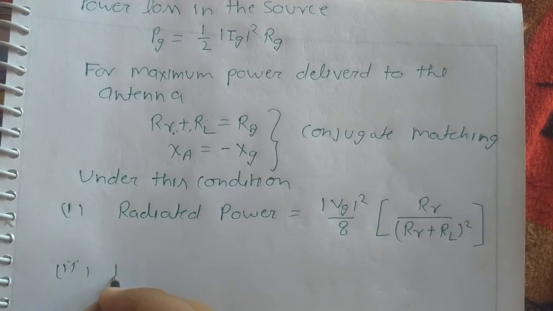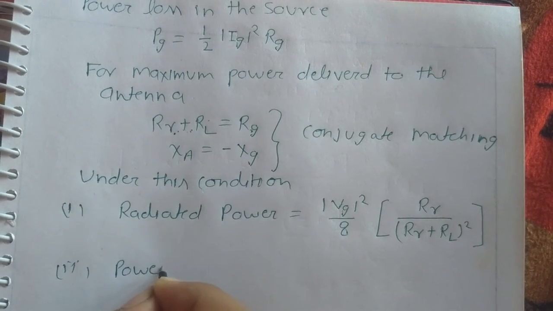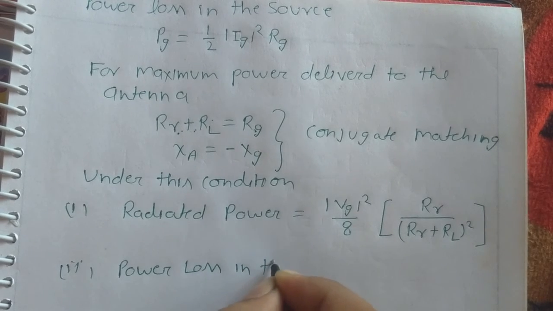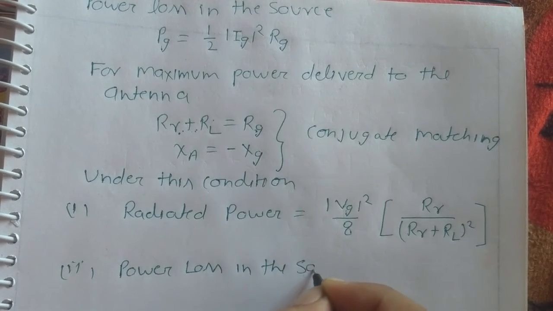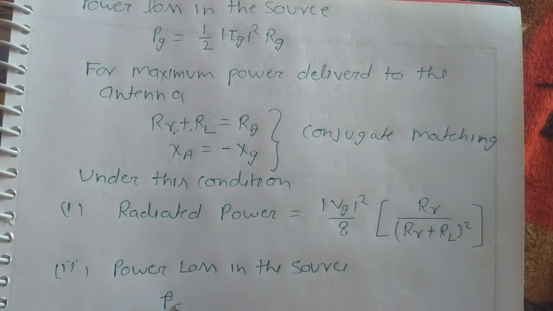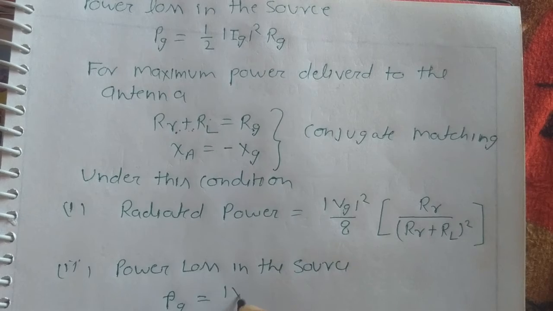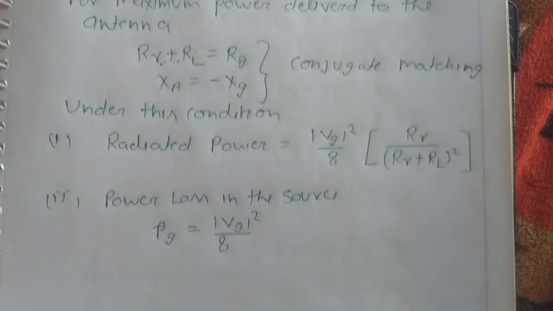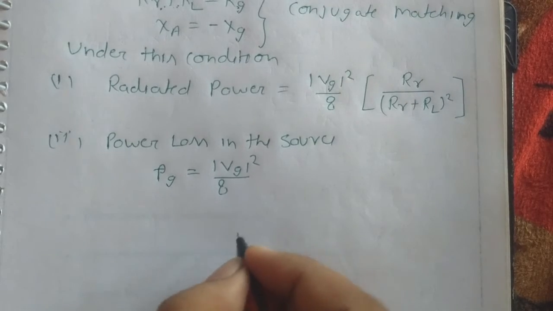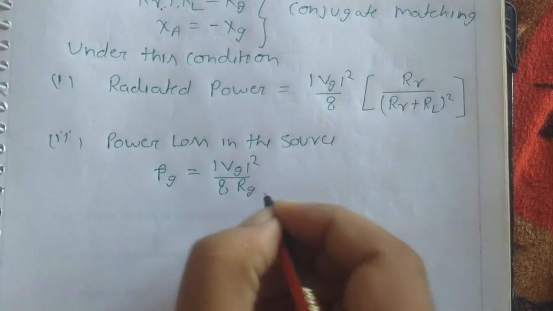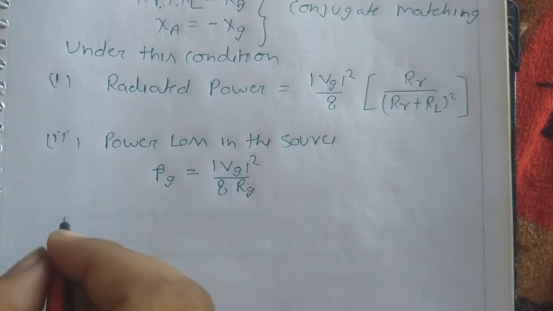Power loss in the source, Pg equal to mod of Vg square divided by 8 Rg. This is the power loss in the source.